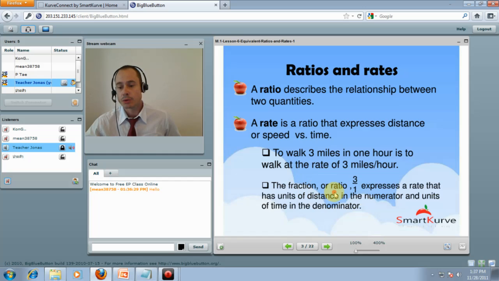The fraction or ratio 3 divided by 1 expresses a rate that has units of distance in the numerator and units of time in the denominator. You will get to know these expressions later on. So we just continue with examples further.